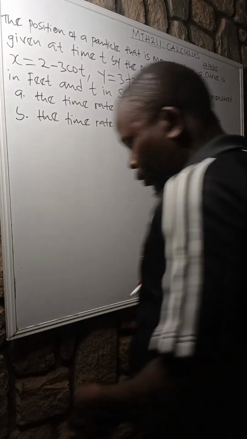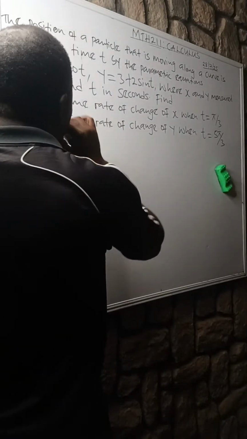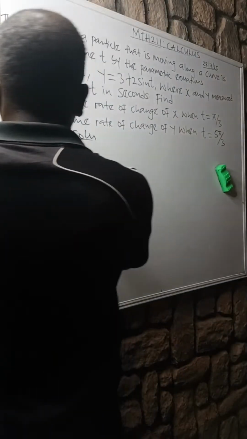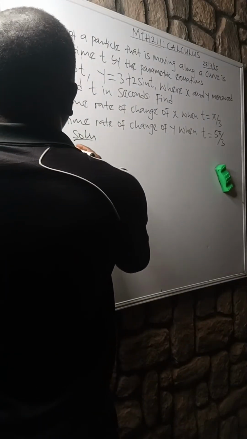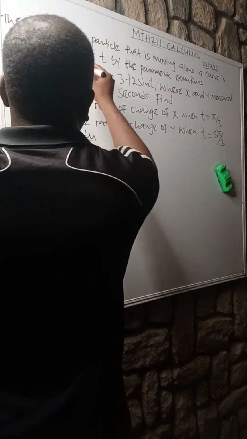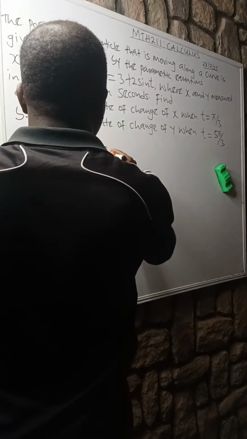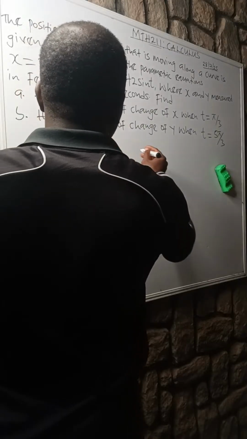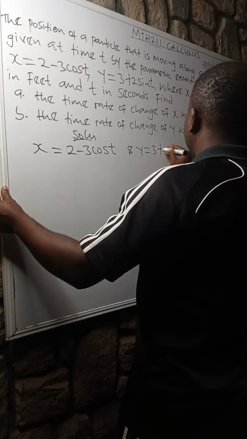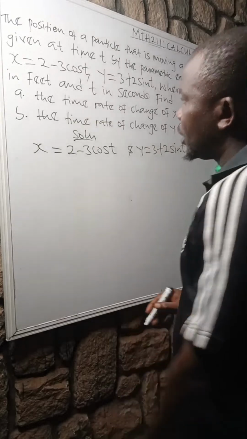Okay, we write the solution. Here is our parametric function: x equals 2 minus 3 cos t, and y equals 3 plus 2 sine t.